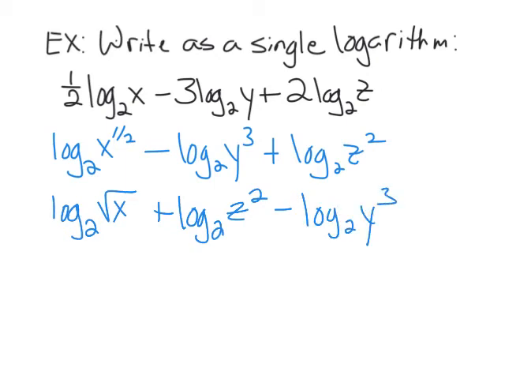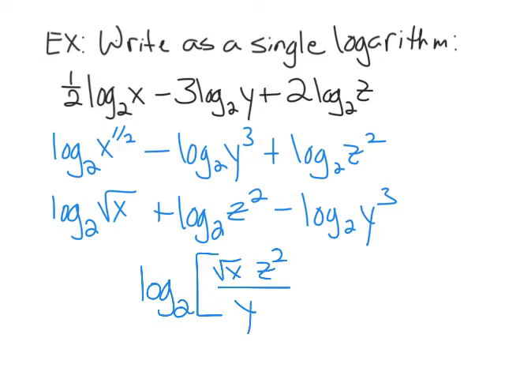I didn't change anything. All I did was rearrange the terms with the commutative property. That's fine. But now you can see that the only thing in the denominator is going to be the y cubed. So I can write this as a single logarithm, log to the base 2 of the square root of x times z squared all over y cubed.